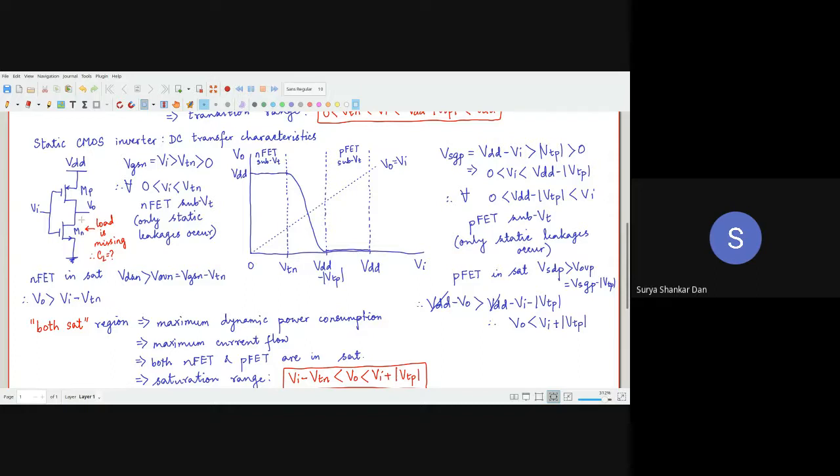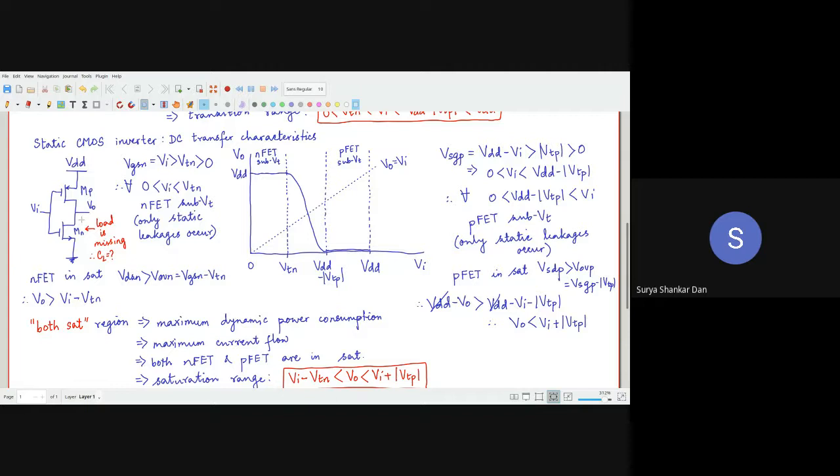All those delays, propagation delays, are essentially defined for the inverter. Yes or no? Recall, we never try to find the propagation delay of any complicated circuit. Even the formula of the propagation delay itself was defined for the static CMOS inverter.